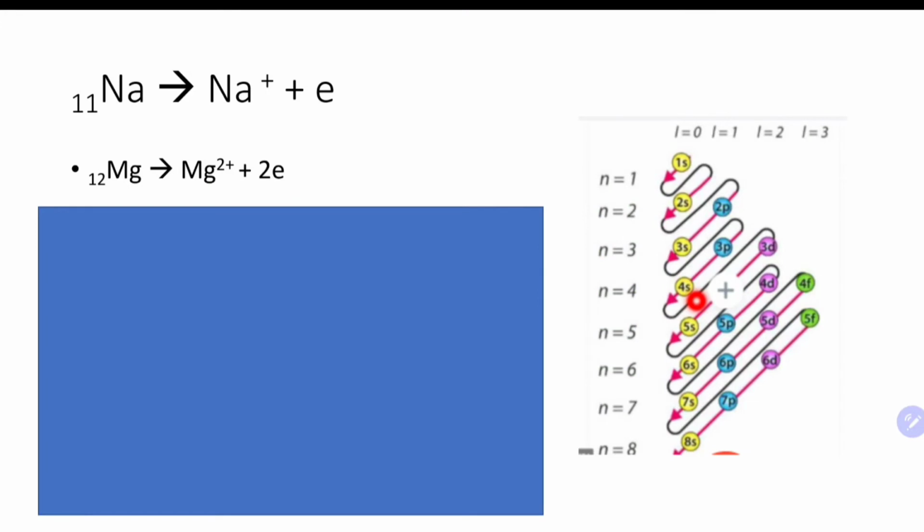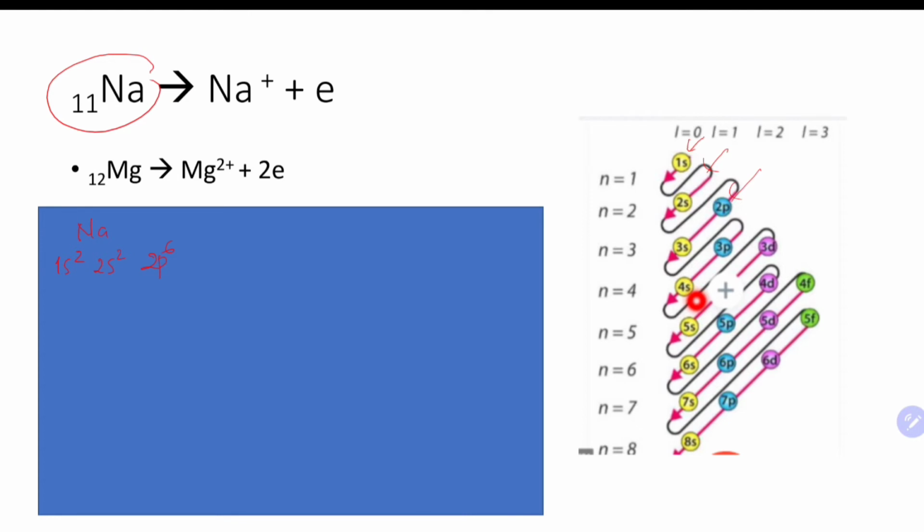Once again, for sodium atom, proton number 11, you can write 1s2, 2s2, and then 2p6, because there are 3 orbitals in subshell p, maximum 2 electrons in 1 orbital.